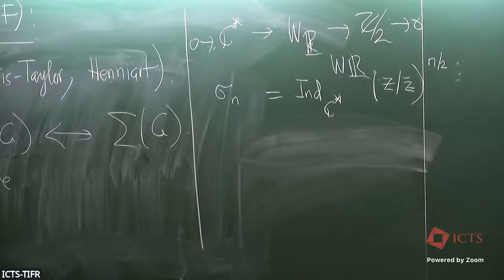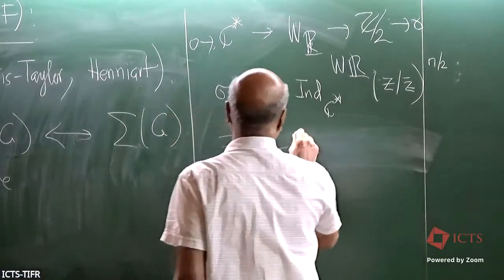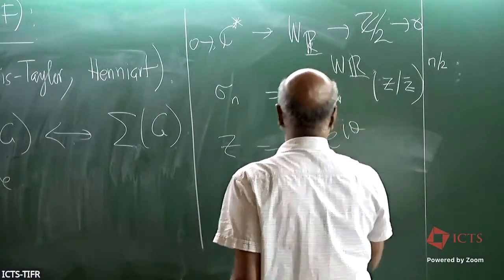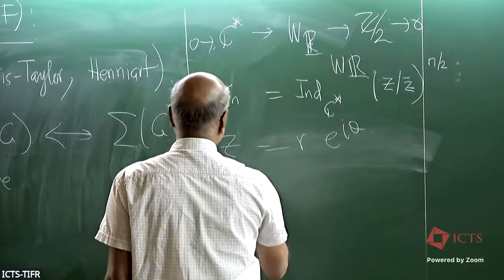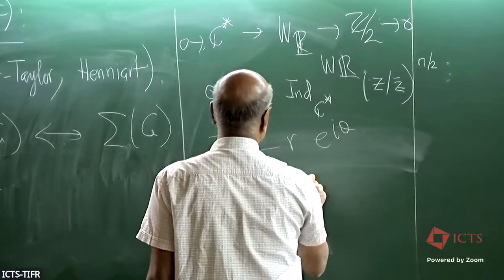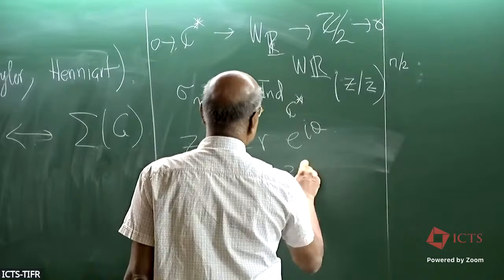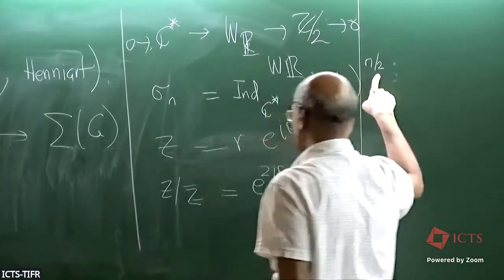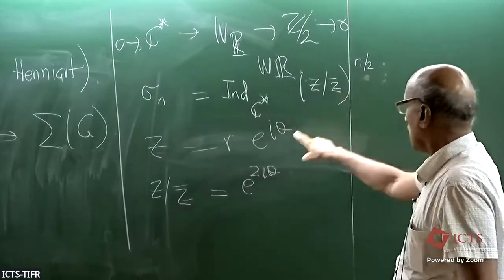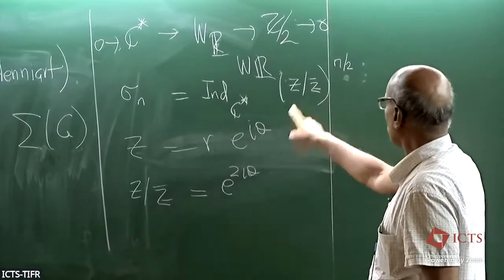Okay, so I was saying that Z by Z bar, if Z is r e to the power i theta, then Z by Z bar is e to the power 2i theta, and therefore this n by 2 makes sense.